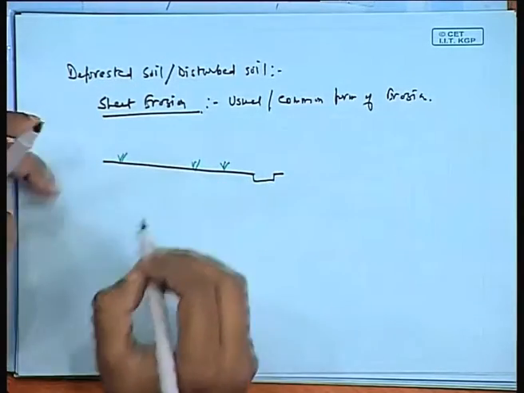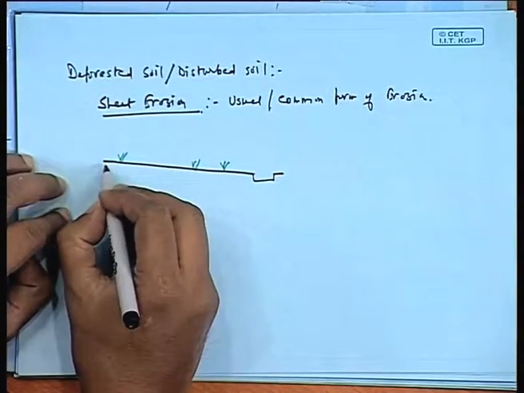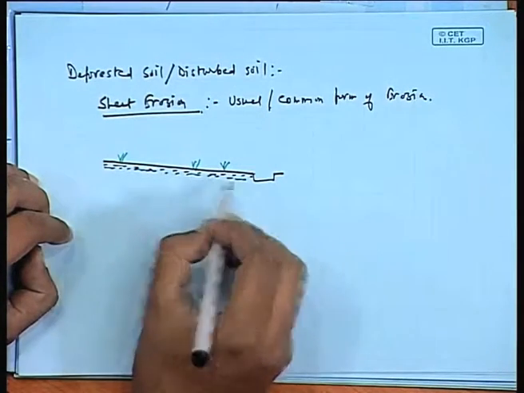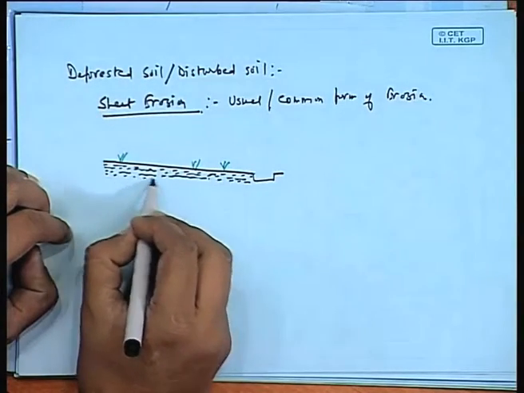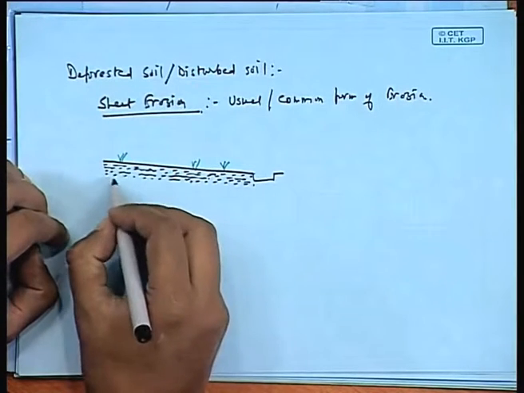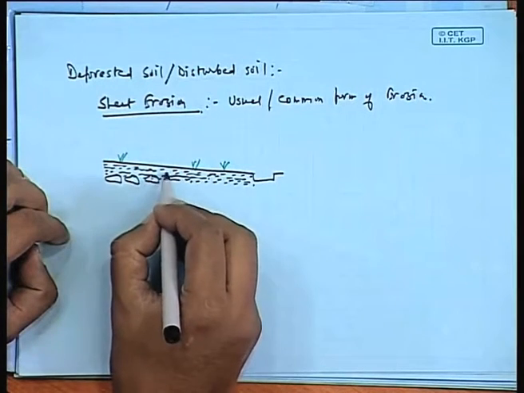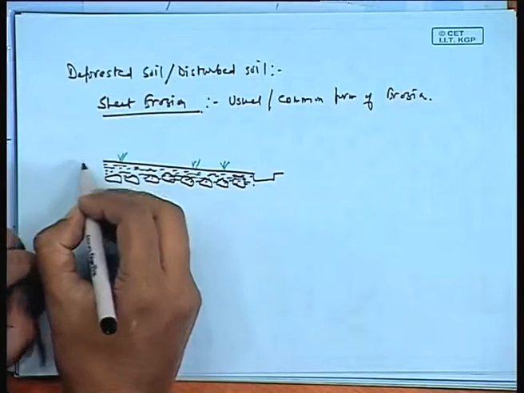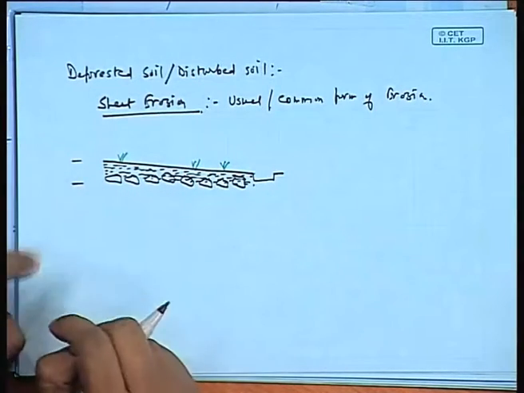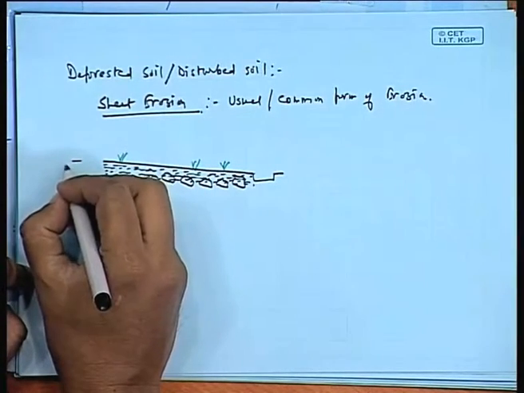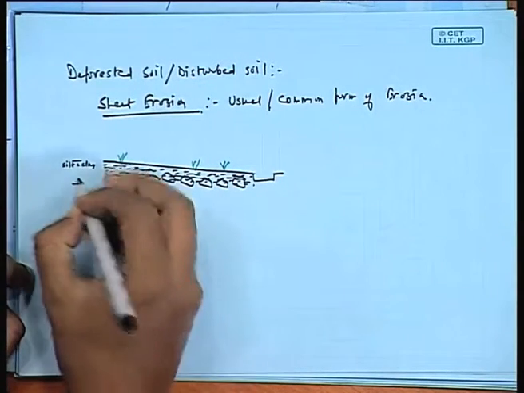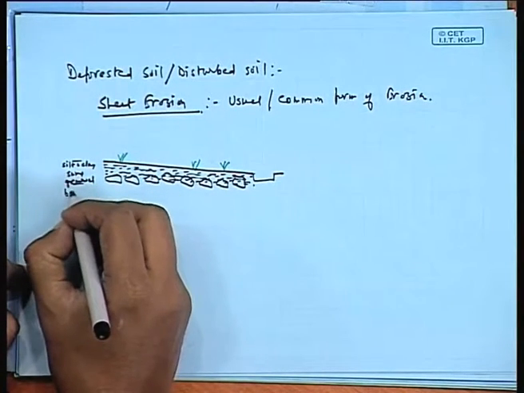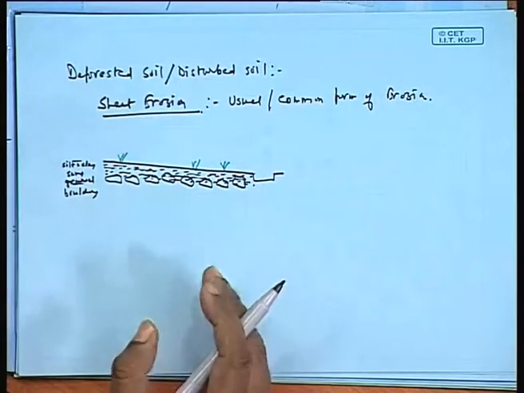If you see the structure of this kind of soil, the top layer has finer particles, silt and clay, then sand, then gravel, and then you find boulders. Okay, this is how the soil is.